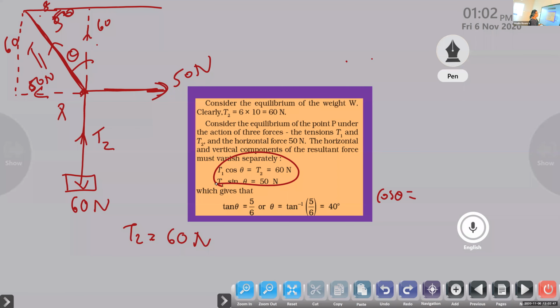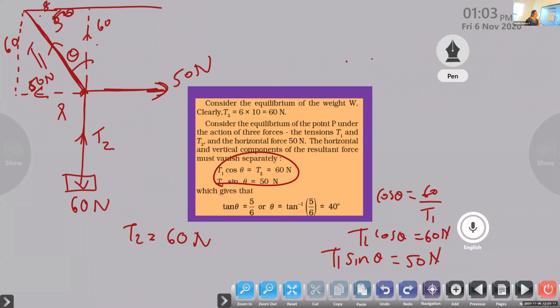This is why we have to apply the parallelogram law. So cos theta is 60 by T1, since T1 is the hypotenuse. Therefore, T1 cos theta is equal to 60 Newton. Similarly, T1 sin theta is equal to 50 Newton. I thought we had already studied motion in a plane, so I directly jumped into this.